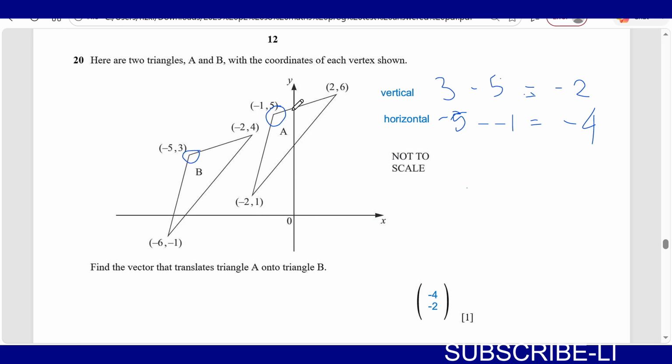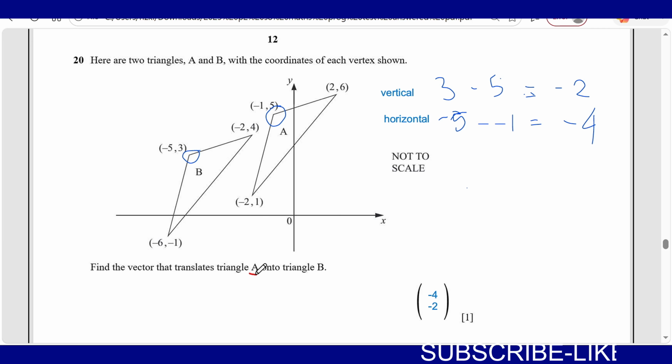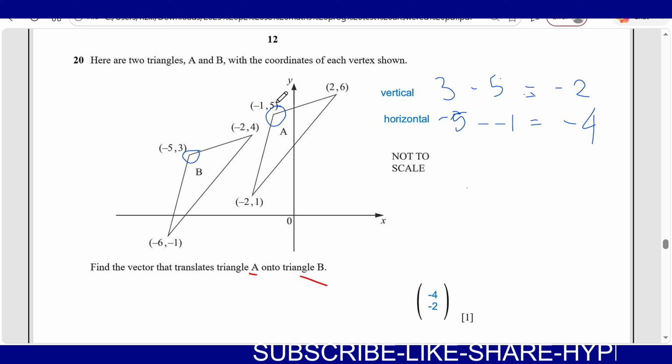How did we get that? From A to B, we see these two corresponding vertices. From here it's translated to here, so we just compare. This is the x part and this is the y part. X is always the horizontal part, y is the vertical part.